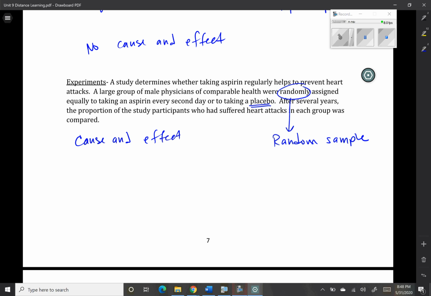Okay, it doesn't have to be aspirin, it could be anything. It could be, I want to see if the test results on my most recent math test are increased by listening to country music while the test is being given versus not listening to country music while the test is being given. Is that introduction of this new thing making the outcome change? All right, so we have cause and effect.